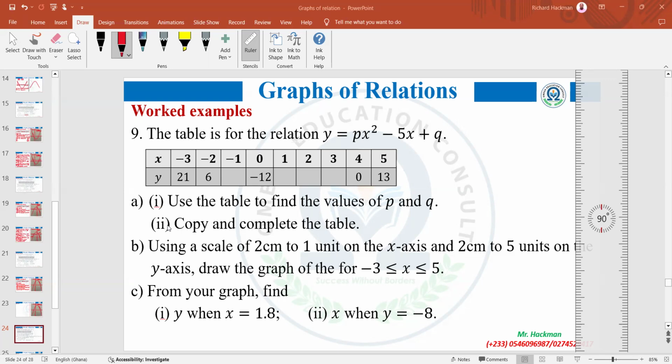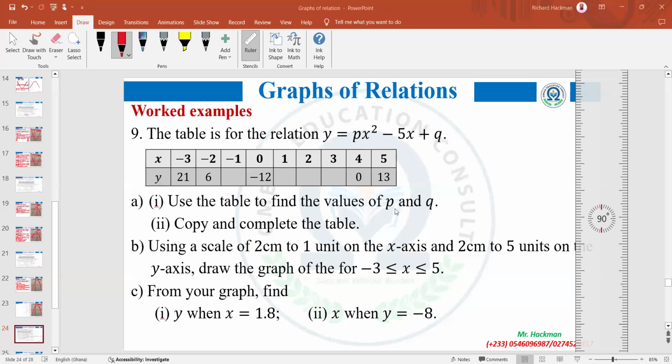And as you can see, in the table below, you are given y is this. So what are we supposed to do? We need to (i) use the table to find the values of P and Q, and (ii) copy and complete the table. And I can assure you, if you are not able to find P and Q, there is no way you can do the (ii), and therefore do the rest.